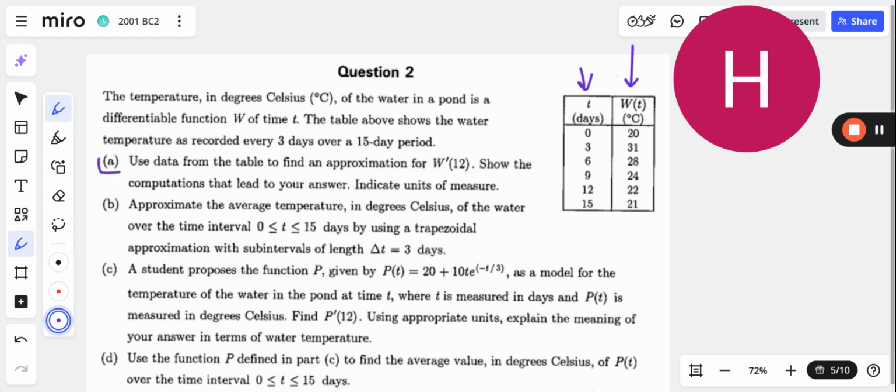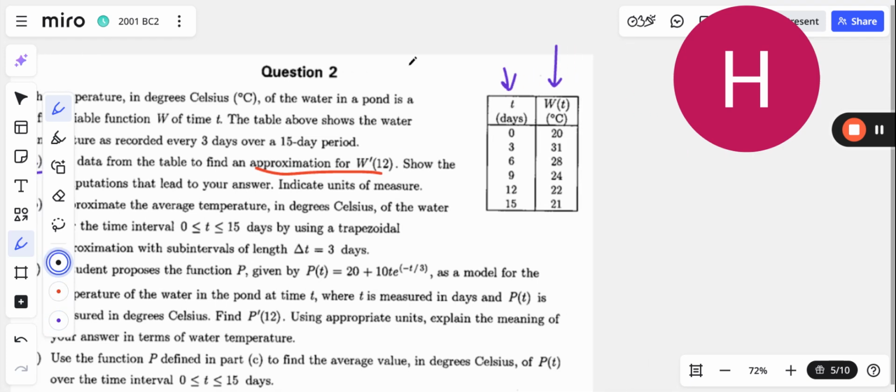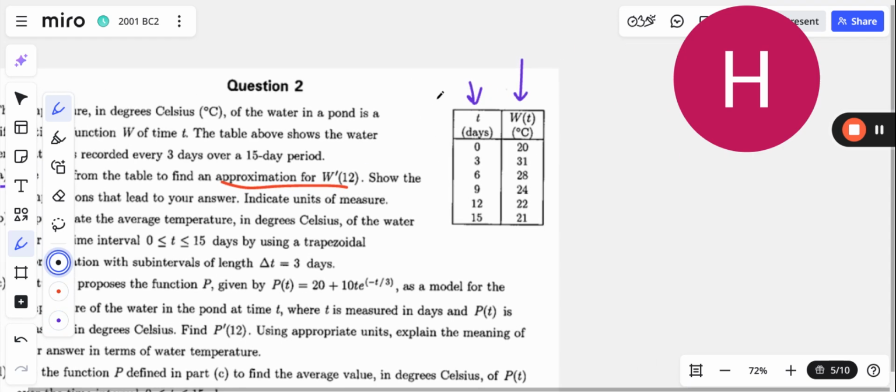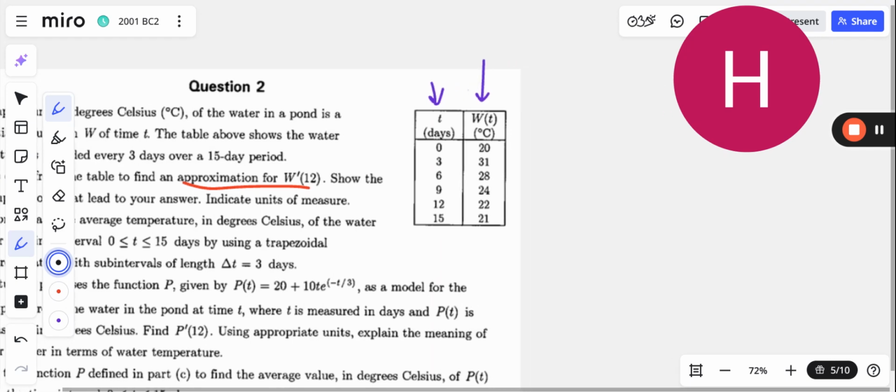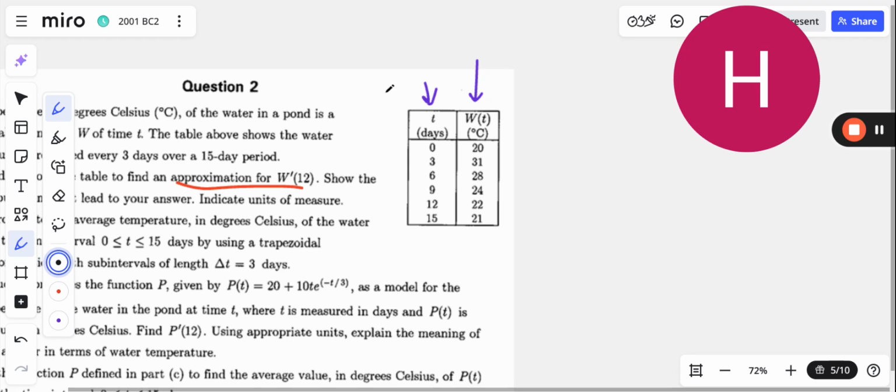Part A, use data from the table to find an approximation for W prime of 12. Now, since we don't have a function, we can't take a derivative. We don't have an equation to take a derivative of, but we can approximate the slope, because when we have a chart of values, the best we can do is use an average slope.